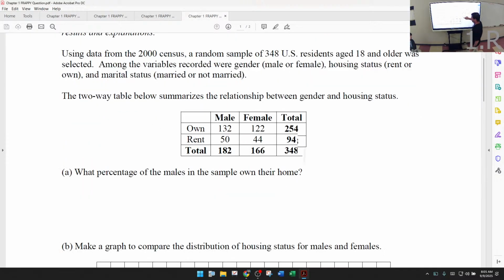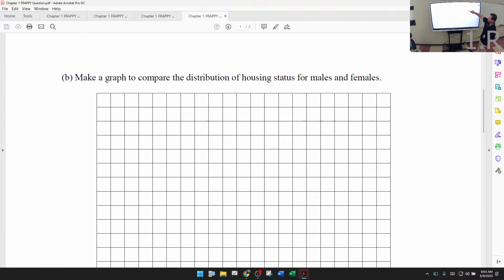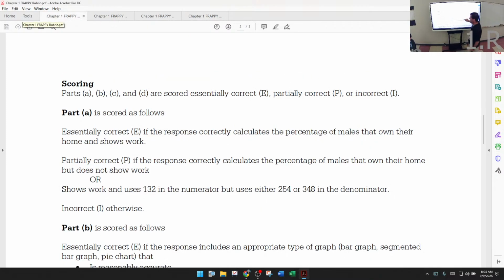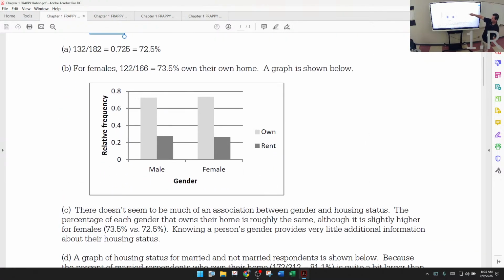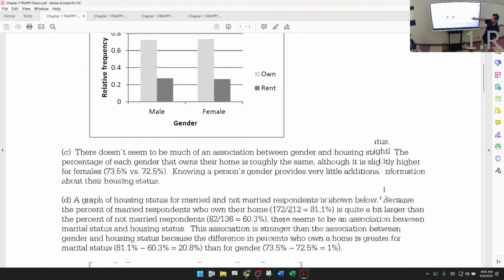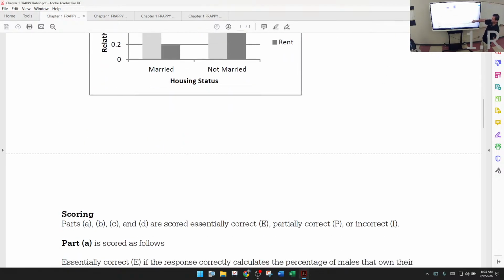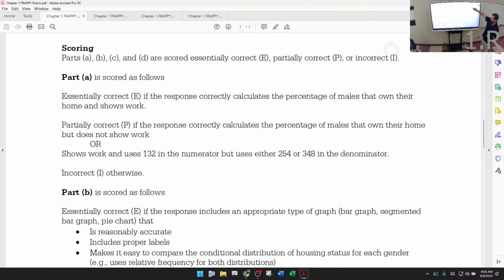The second question: make a graph to compare the distributions, okay? So their rubric used a side-by-side bar graph, separated by males and females. Here's what the rubric says.